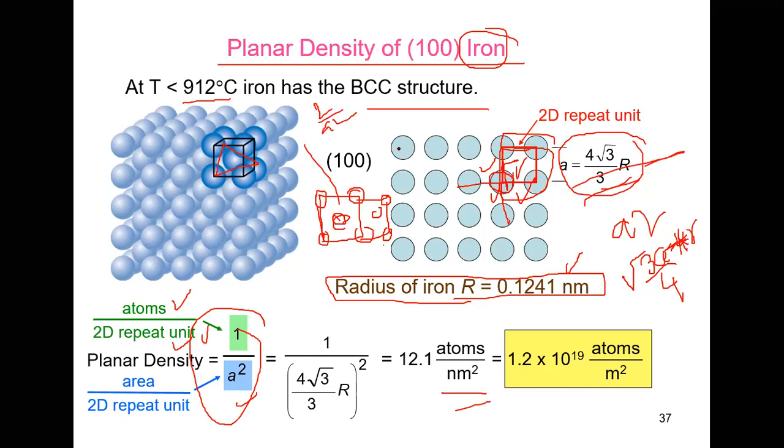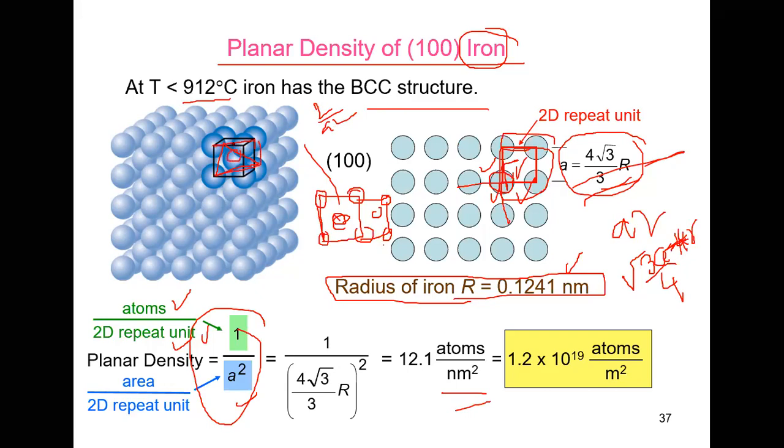And then what about the 110 plane in FCC? Others you can find out. But if you calculate the 110 plane of a body-centered cubic crystal, now this middle atom actually lies in this plane.